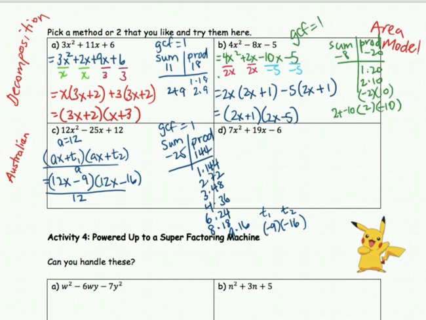Okay, from here, I'm going to just factor the ones at the top. I'm going to take the 12 and the 9, and I can see that they both have a 3 in common. I'm just going to factor that out.